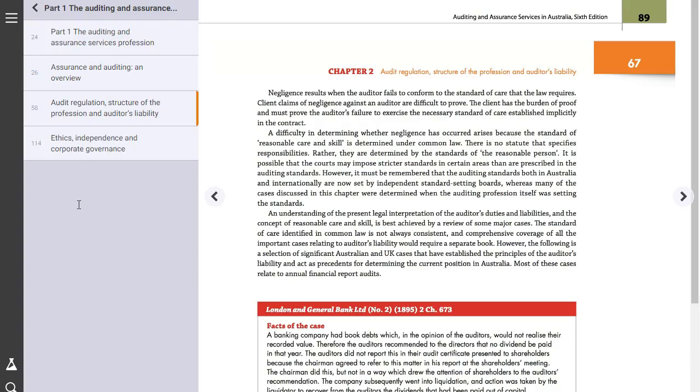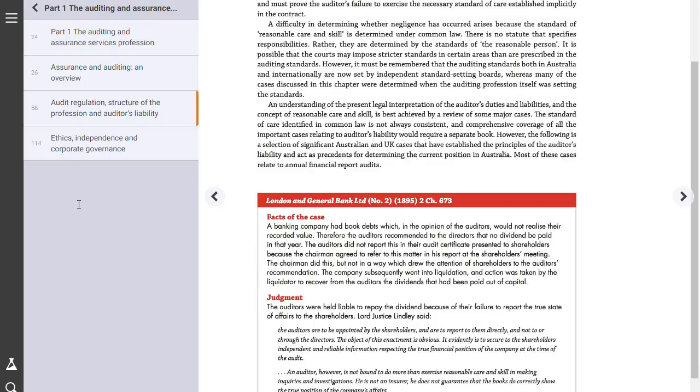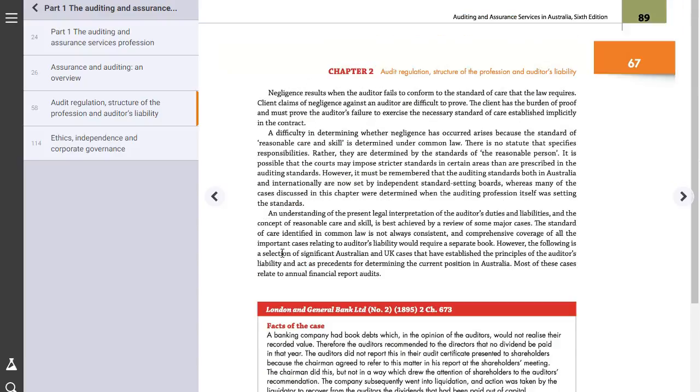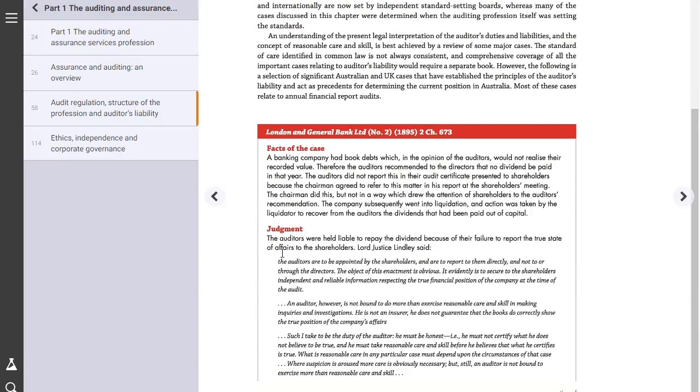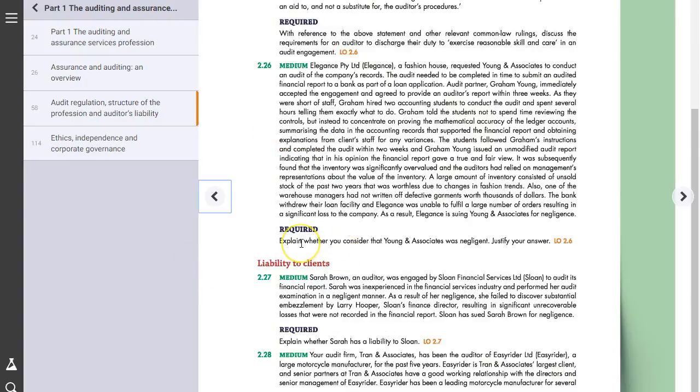And before you begin this question, it's really important that you've got a good understanding of the key law cases on negligence, contributory negligence, and liability of third parties. And they start on page 67 of your textbook. So make sure you're across that. And when it comes to practicing similar questions from the textbook, question 2.26 on page 89, that's a good one on negligence.